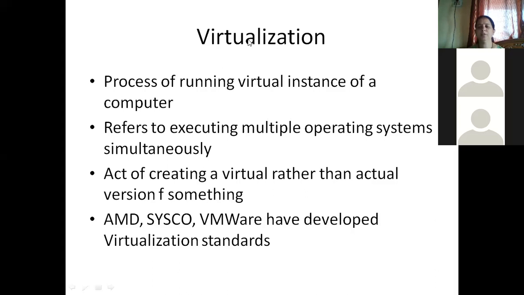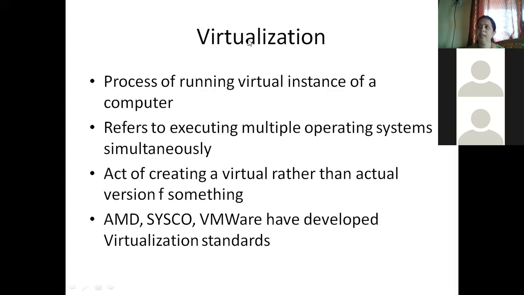Quickly, we will look at virtualization once again, because certain important features of a cloud computing environment are possible with the help of virtualization, and that's why it is being discussed once again.